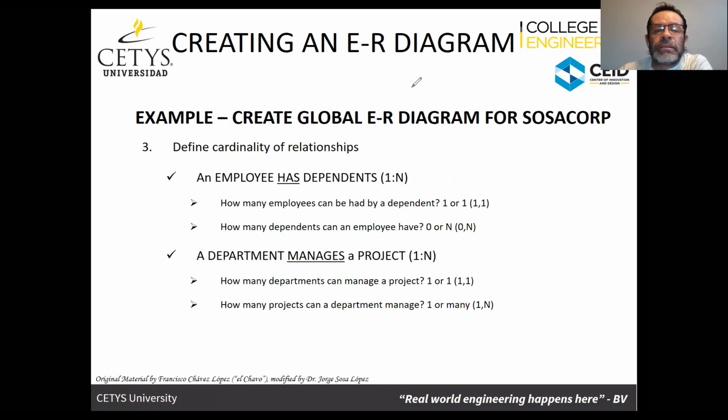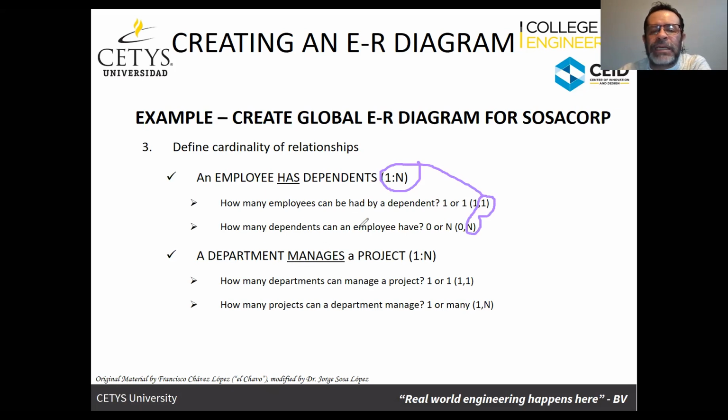How many employees can a dependent have? 1 or 1. This is considering that we're only assigning one tutor. How many dependents can an employee have? 0 or n. From the maximums, we can establish the relationship.